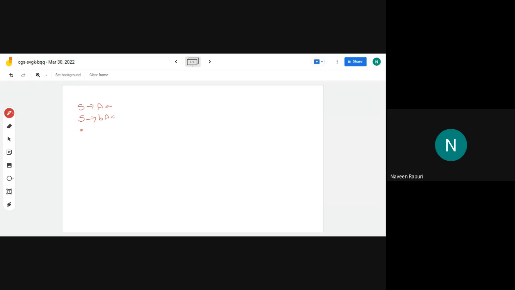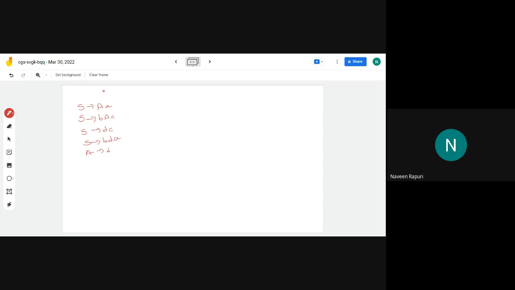S dash derives small d, small c. S dash derives B, D, A. A derives small d.